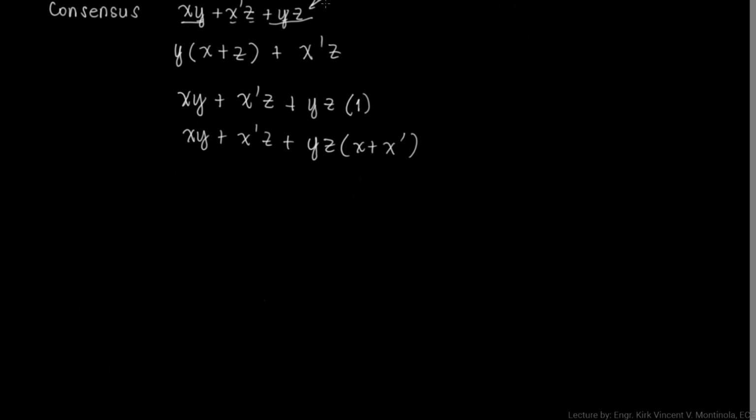I am doing this because I am targeting to factor out x together with all the literals. So distribute: xy plus xyz plus x prime yz plus x prime z. Now we factor out all terms containing x and x prime.